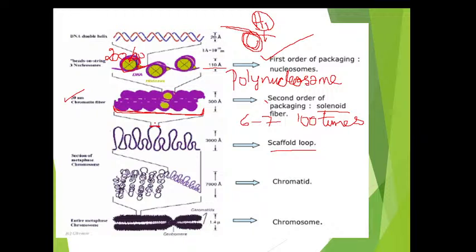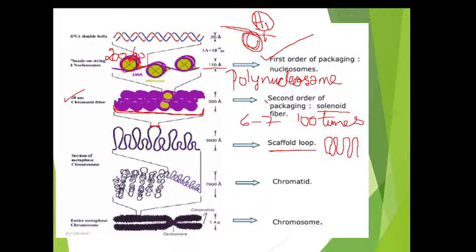Each loop contains 10 to 100 kilobases of DNA, and that is linked to protein scaffolding. This is known as protein scaffolding. It means simply looping.